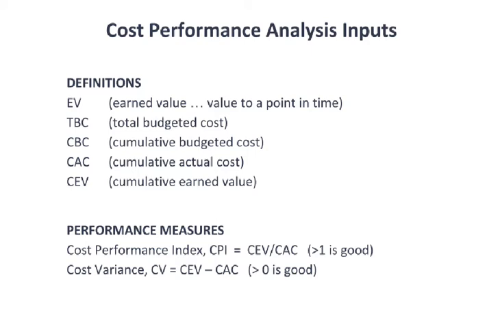If it's less than 0, then that means you're in trouble. Really, they're telling you the exact same information. One is simply a ratio, so it's more of a percentage metric, where the other one is more literal. CPI is more percentage, CV is more actual dollars. What's the difference in dollars? Both are good. Different companies and different organizations will gravitate towards one or the other. So these terms are very important, and you'll want to make sure you're understanding what these are as we move forward.